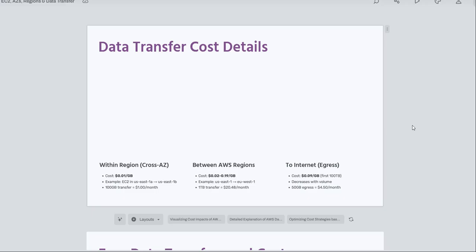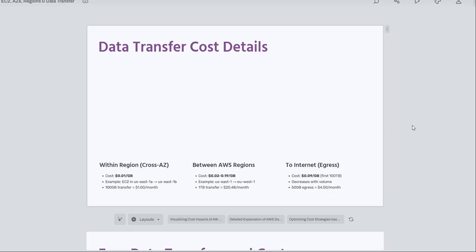And for internet egress, that means data going out from AWS, it is 0.09 for the first 100 terabytes. So it costs 9 cents per GB.